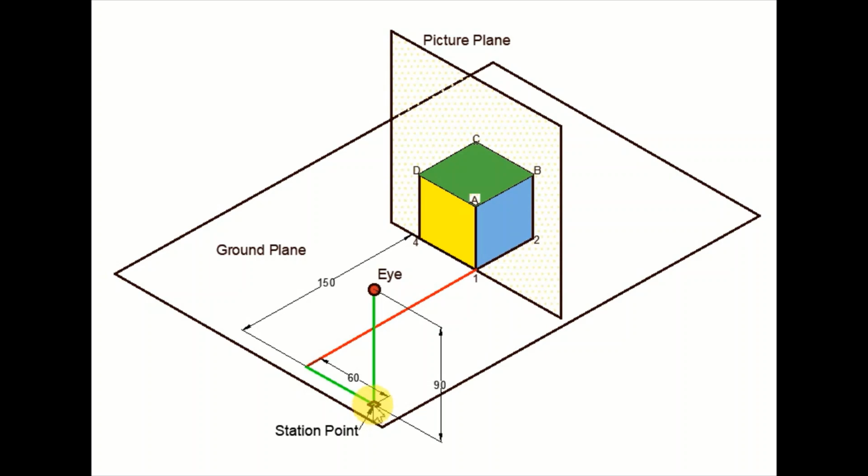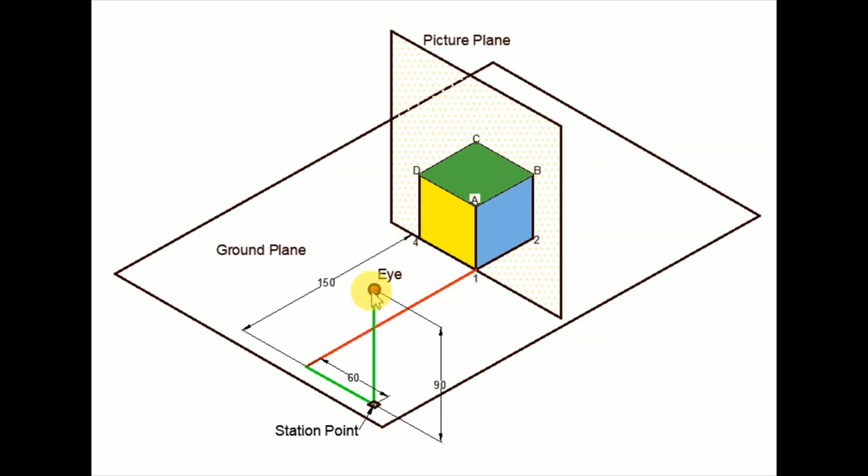So the station point is 150 mm from the picture plane and it is 60 mm on the right of the rightmost face of the object, and from the station point the eye level is 90 mm. There's yet another important observation in the given data, regarding the eye level.